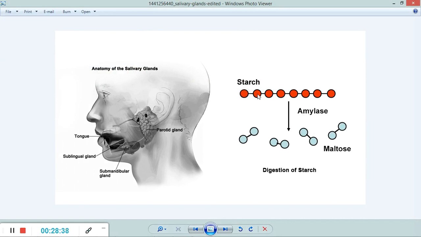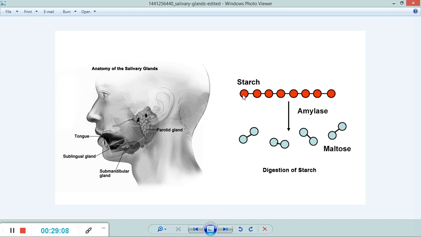So you see, starch is a complex molecule. It is made up of so many, these red dots are nothing but glucose molecules, and so many of them are connected to each other. Now the saliva that is released by the salivary glands into the mouth contains the enzyme amylase. This digestive protein called amylase acts on starch and breaks it down.